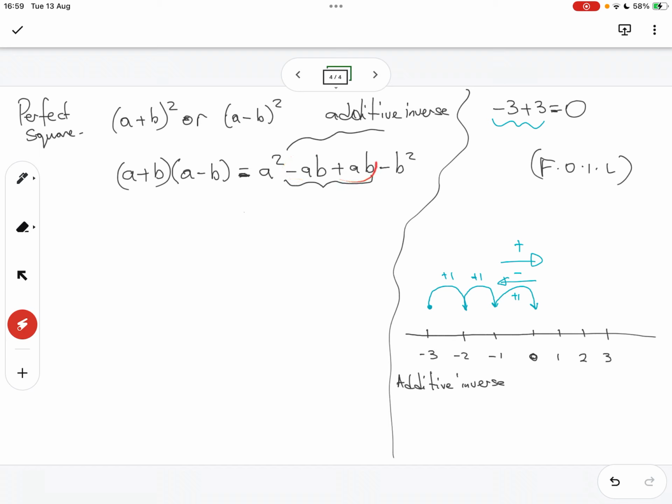So in other words, if we have -AB as a term, then its inverse would be +AB. But now the end result of adding together the additive inverse is always 0. So in other words, you have to think about it as, what can I add to this number to get 0? Which is the same as saying subtract the same number.